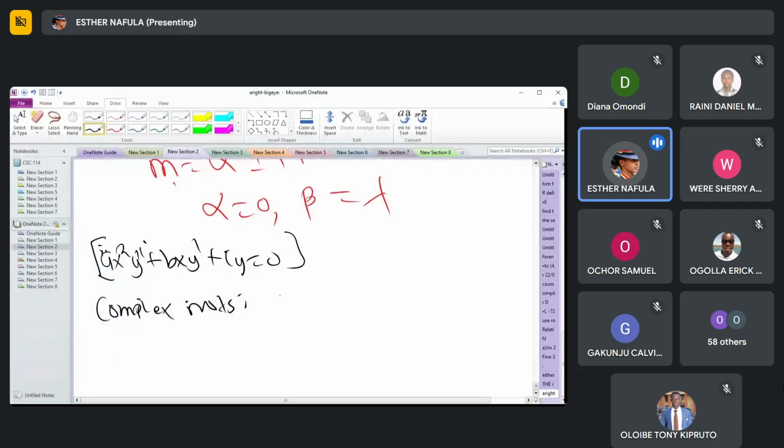The general solution is x to the alpha into c1 cos beta ln x plus c2 sin beta ln x. But here it's Cauchy-Euler in r. So the general solution will be, in place of x, you substitute with r.